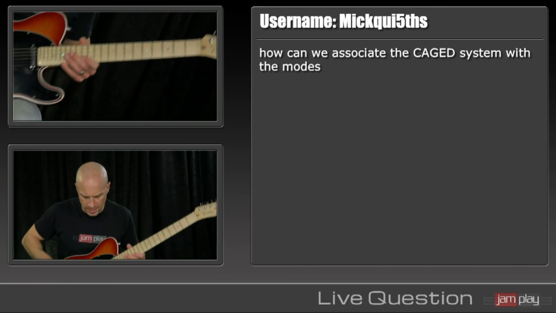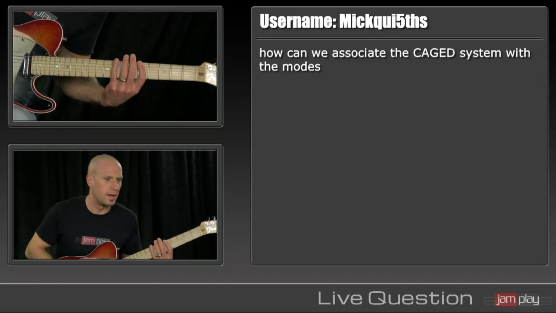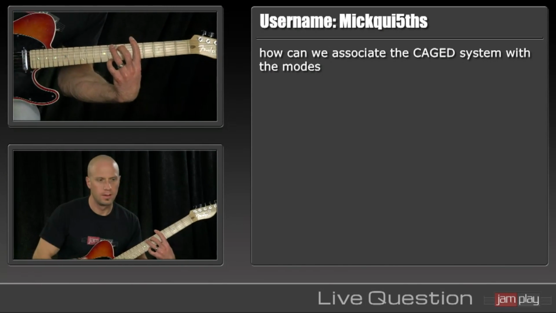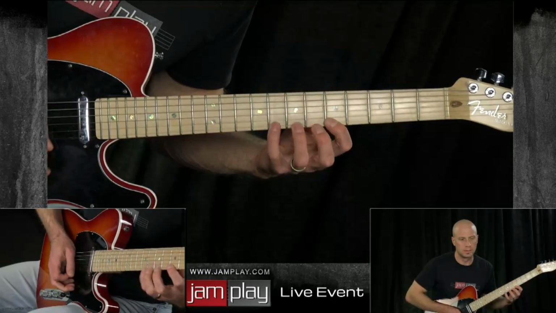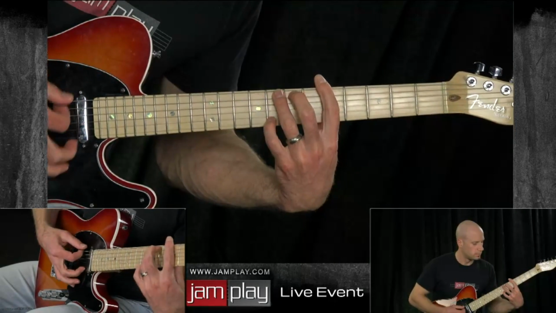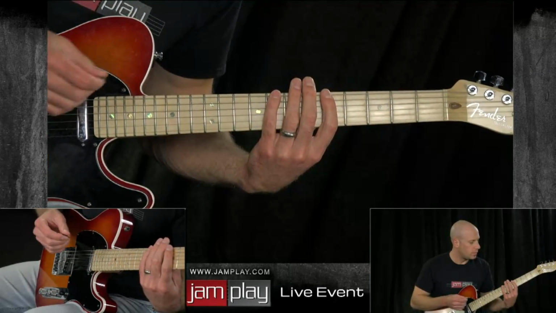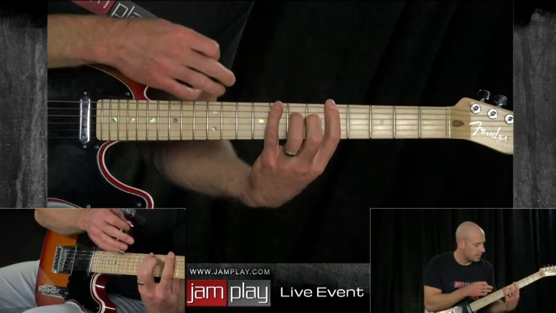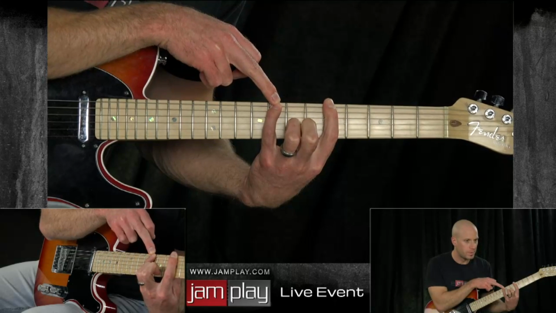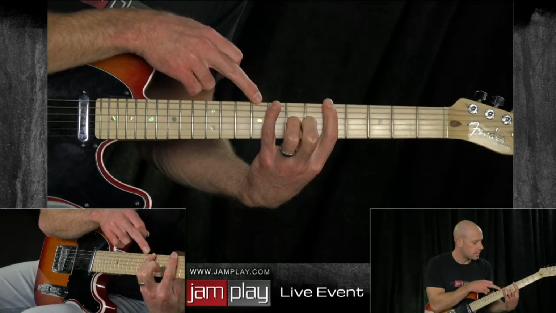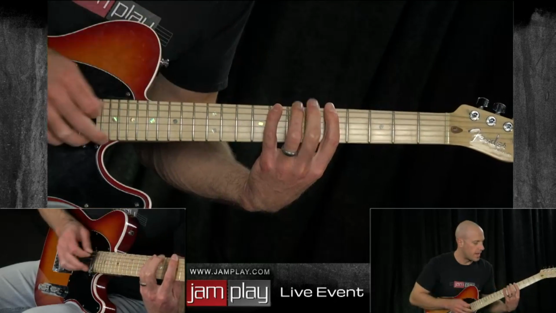But let's look at the G shape here of the pentatonic scale. Right? That's a minor pentatonic pattern. But we could play that in Mixolydian. We could play A Mixolydian by modifying the scale. So this is a CAGED position pentatonic scale. And we're going to take the third and move it up a half step.